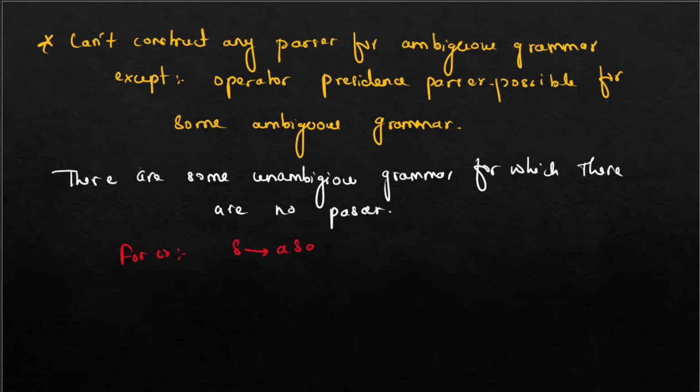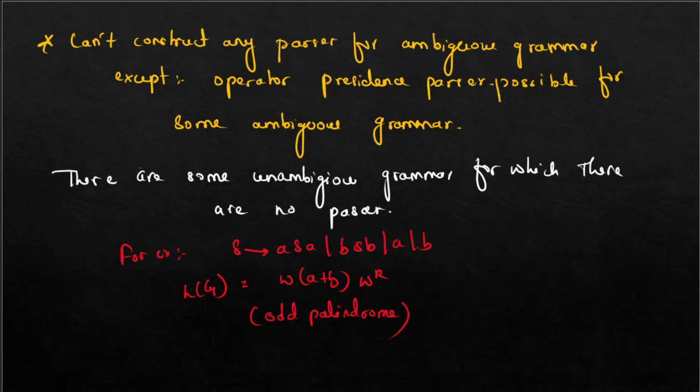S is denoting SA, after that B, SB, after that AB. So what is the language here? The language of the grammar is W A plus B W^R. So this is nothing but odd palindrome, right? And here this is unambiguous, but still no parser. Okay, so I hope the line is justified that there are some unambiguous grammar for which there are no parsers. Okay, now let's see the next point.